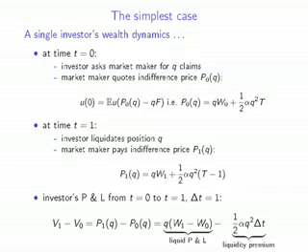At time 1, the whole thing is reversed. So our investor comes along and says, okay, listen, I'm sick of this thing, I want to get rid of it. Please take back those Q claims. And the market maker says, yes, of course, I can do this. And here I can pay you P1 of Q for those Q claims, where P1 of Q is determined in exactly the same way. It's again comparing the position before the transaction with the position after the transaction.